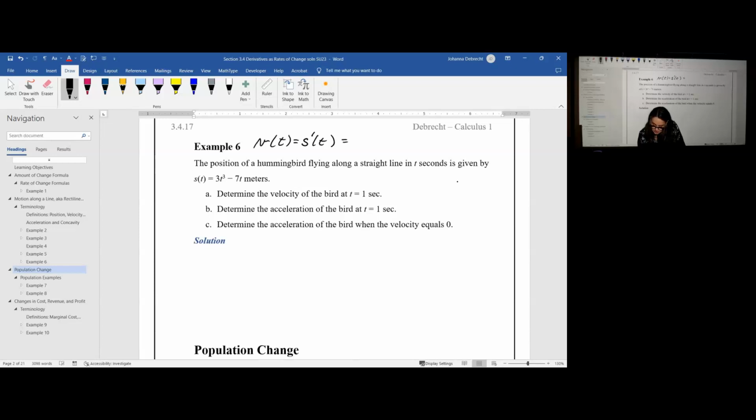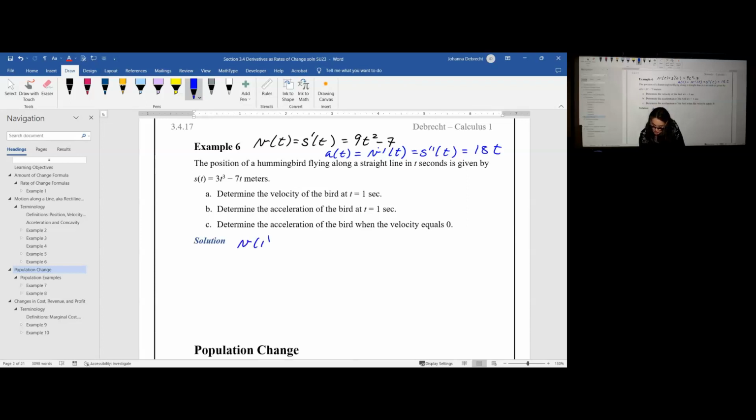This is going to give me 9t squared minus 7. The acceleration is the derivative of velocity and the second derivative of position. And this is going to give me 18t.